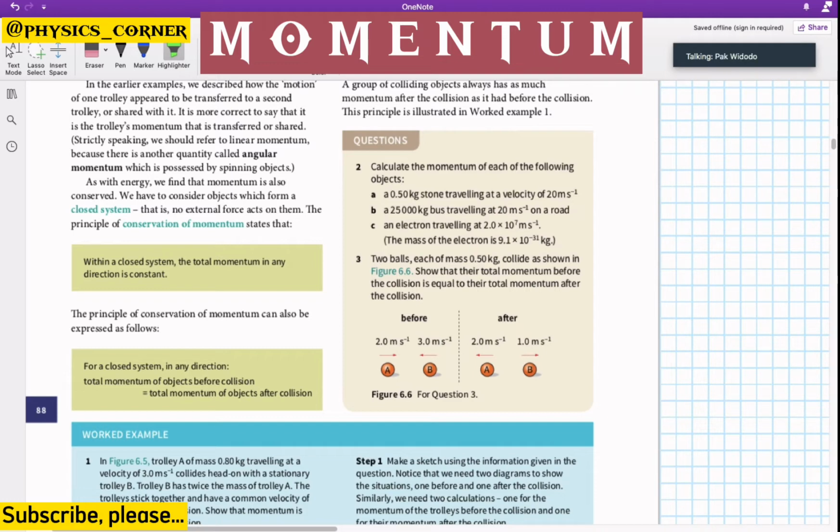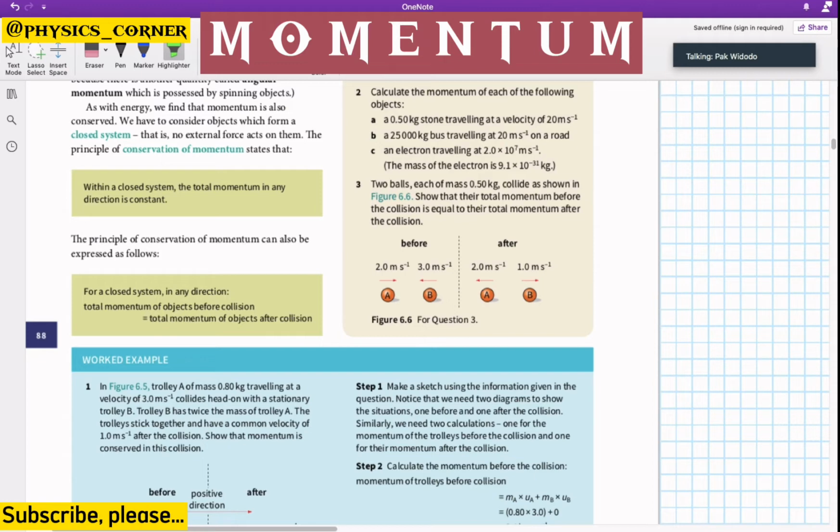And then also P is 25,000 kilograms times 20. And C, maybe the electron, mass of 9.1 times 10 to the power negative 31 kilograms, times velocity 2.0 times 10 to the power 7 meters per second. Yeah, it's about momentum.